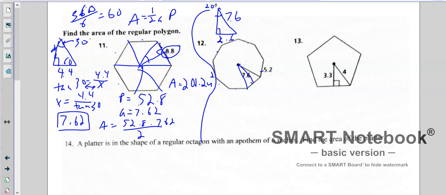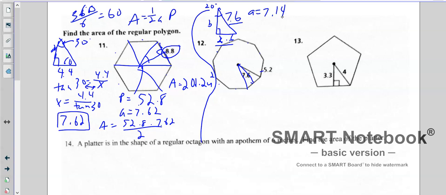Or we could just do a squared plus b squared equals c squared to get that apothem. So you have a choice. Doesn't really matter which way you go about it. We just reviewed trig and we know the Pythagorean theorem. So I'm just going to tell us right now that the apothem is 7.14.